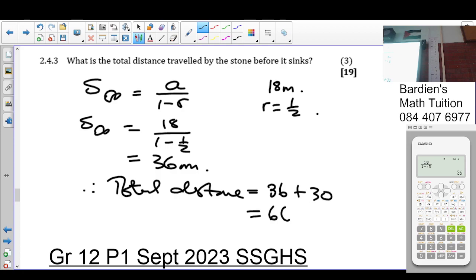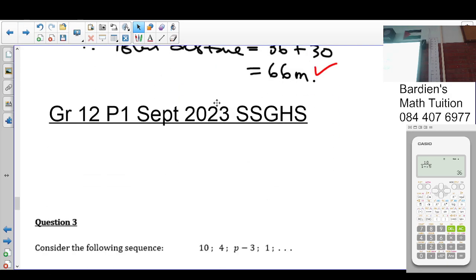Therefore, it's going to be 66 meters. That is 3 marks. I gave you 1 mark for getting r out, 1 mark for linking it to the sum to infinity formula, and 1 mark for the answer, which gives you 3 marks in total.